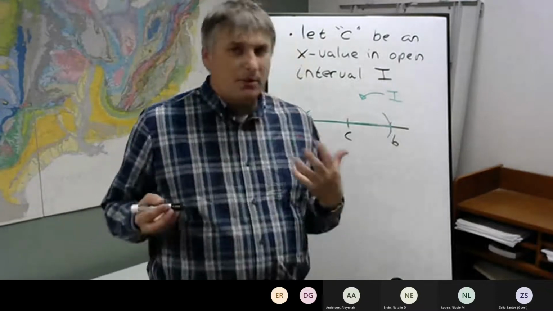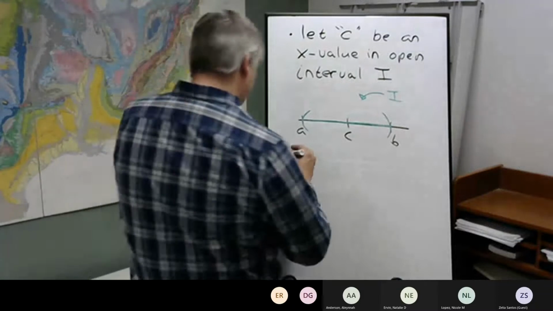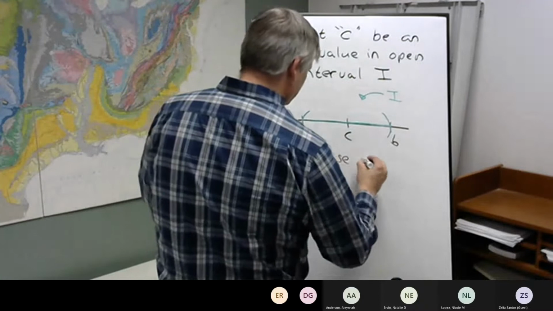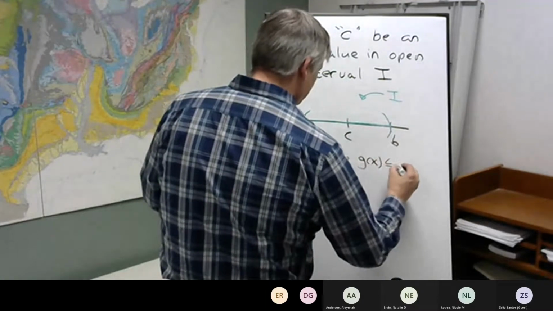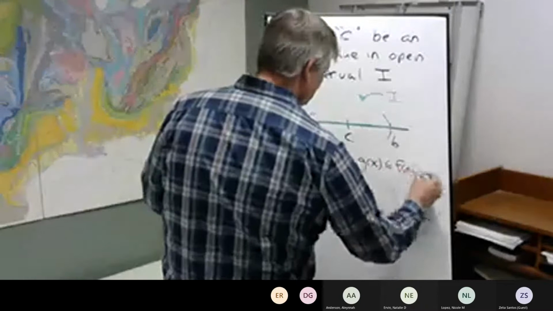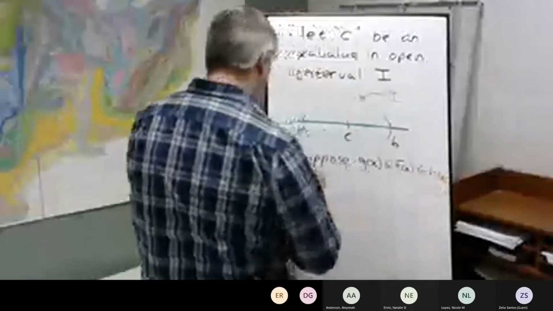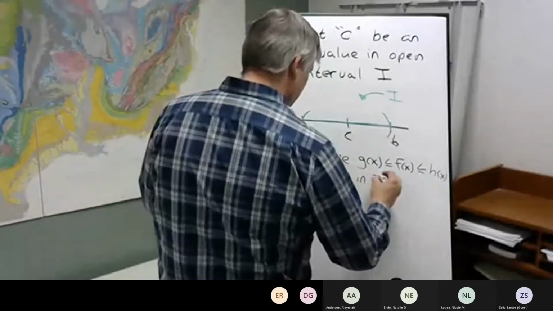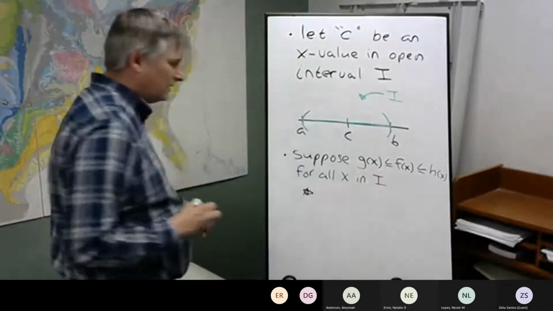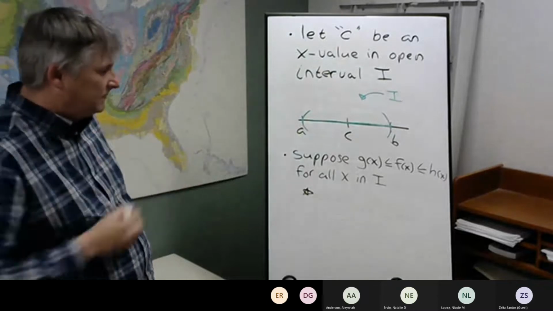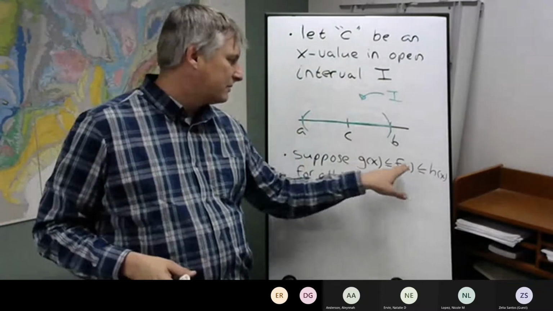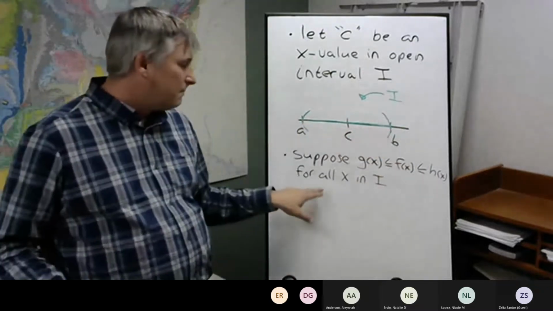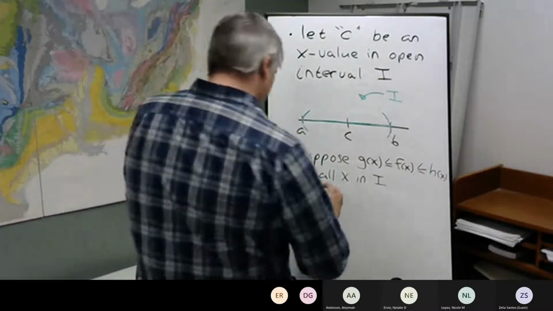So let's suppose we have the following situation. Let's say we have this scenario: g of x, h of x, and f of x is between them for all the x values on this interval, possibly not at c, though.